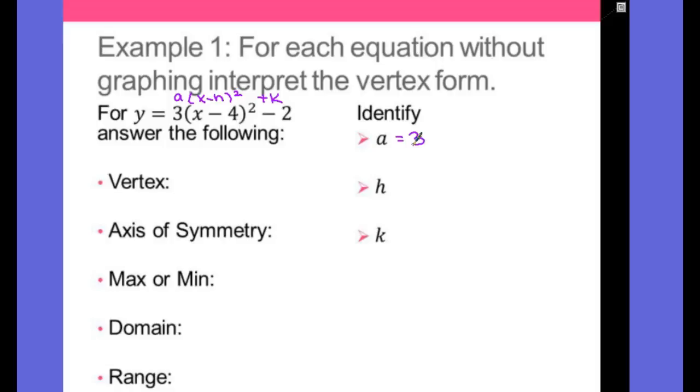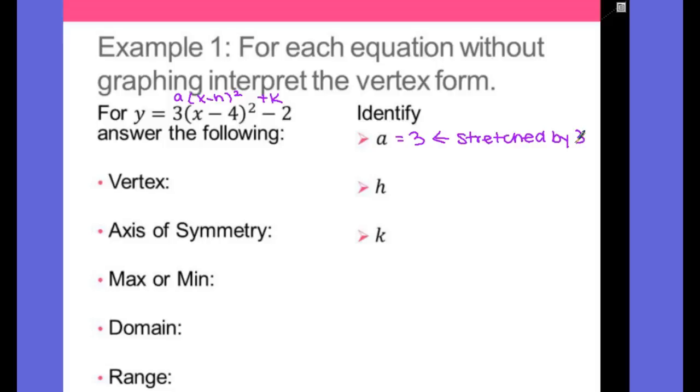A positive whole number tells me that this graph is now being stretched by 3 units per number. So it's getting taller and narrower. The equation itself is x minus 4. So just like absolute values, the opposite of what's inside is what you put down.